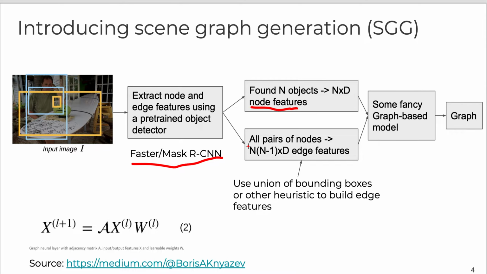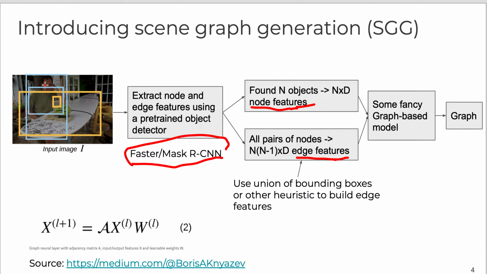So once you have a very strong detector, such as Faster or Mask R-CNN, then the problem becomes much easier because the node and edge features will be very good. So node features correspond to the features of objects. Usually they are obtained by average pooling of convolutional feature maps, and edge features are obtained in the same way but for the union of bounding boxes.